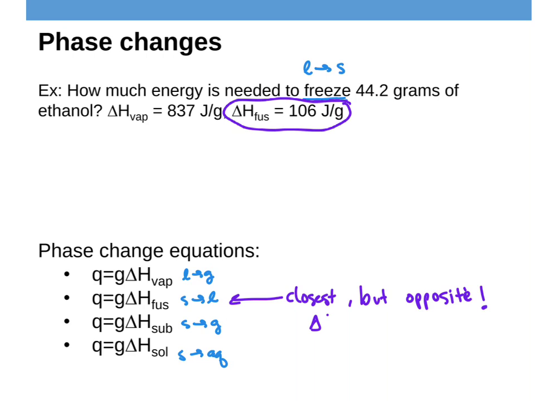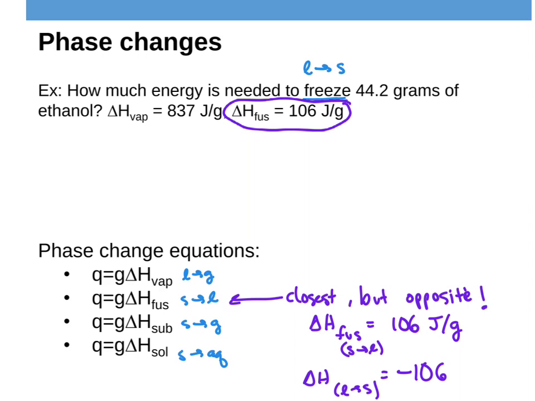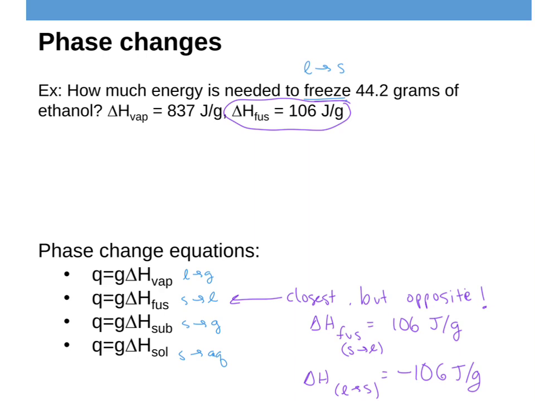So if your delta H of fusion is 106 joules per gram, or in other words, when I'm going from solid to liquid, then if I'm going to put my delta H of fusion in here but flip it, going from liquid to solid, which is what this is asking for, it's just going to be negative 106. We just put a negative sign in there because it's going the opposite direction. I flipped it because I want liquid to solid, just like when we freeze. It's fusion, but opposite, so we use the negative sign.